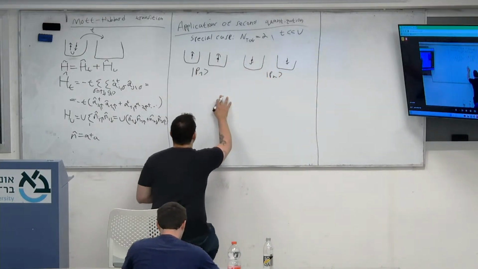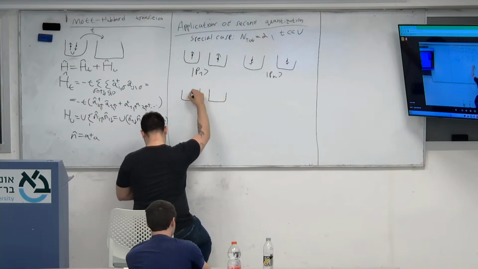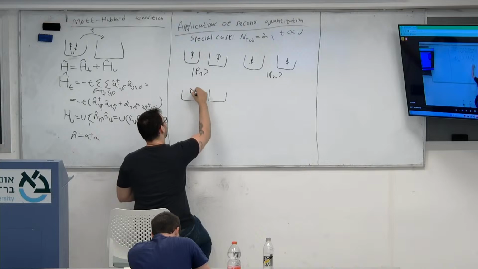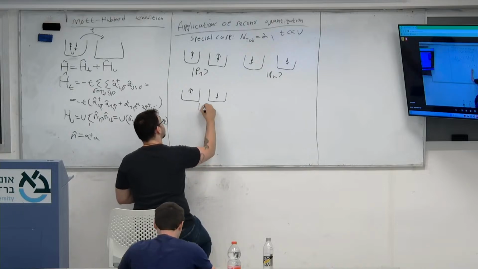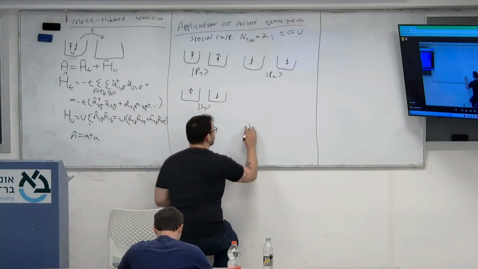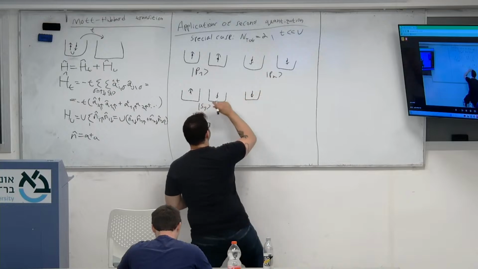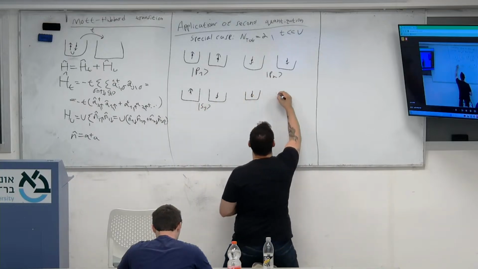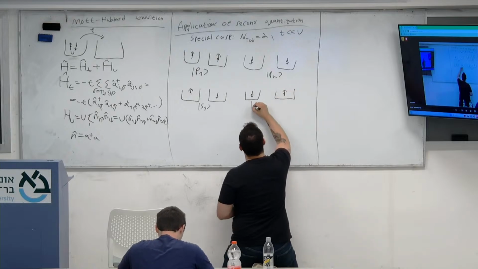Now, I can have a similar state with opposite spins, one up, one down. I would call this the single occupancy state, S1. Next up, we can have the exact same thing, but with the opposite location of the spins. And I'll call this S2.